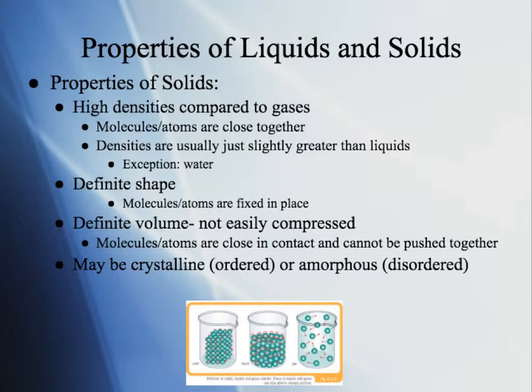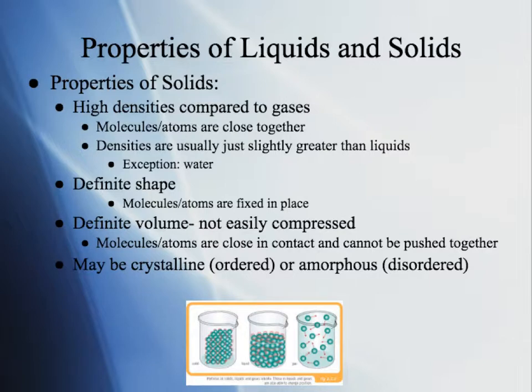However, there is going to be a huge density difference between gases and the liquids and solids. Gases will be definitely a lot less dense than the liquid and solid of that particular substance. Now, the exception, though, is water. Water, when it becomes solid, becomes less dense than the liquid. Most of the time, other substances will become more dense as solids than they are as liquids.